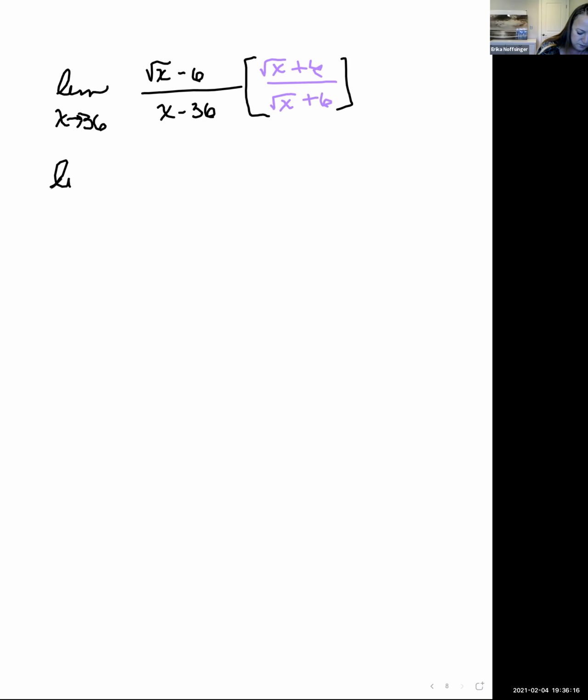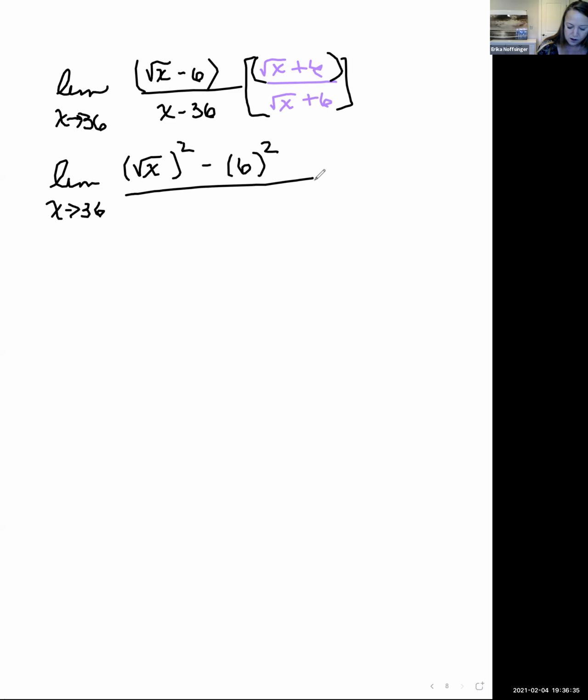And then when we distribute in the numerator, we have a difference of squares. So we're just going to square that first term, the square root of x quantity squared, minus squaring the second term, 6 quantity squared, all over, and in this case, this is where we don't want to distribute. Let's just keep it as the factors, x minus 36 all times the square root of x plus 6.